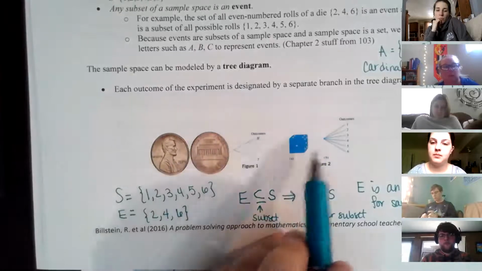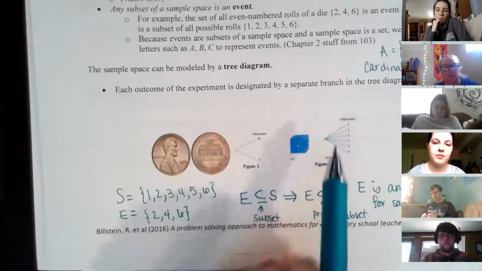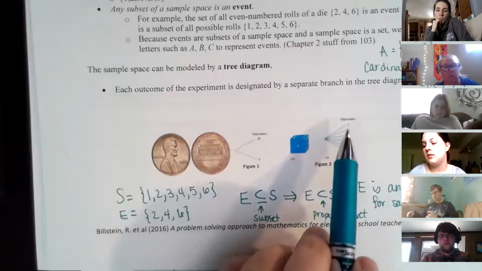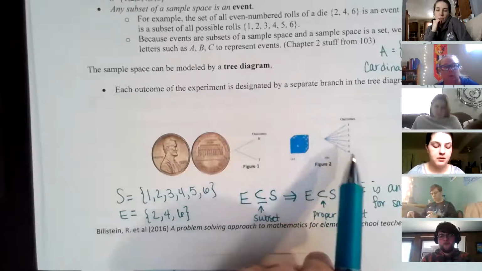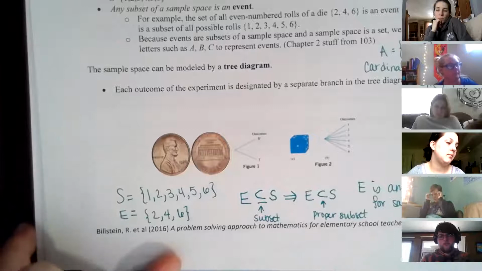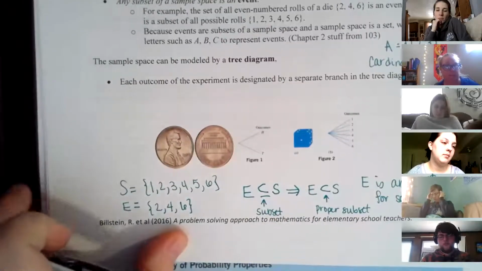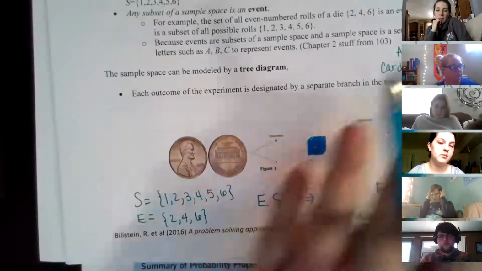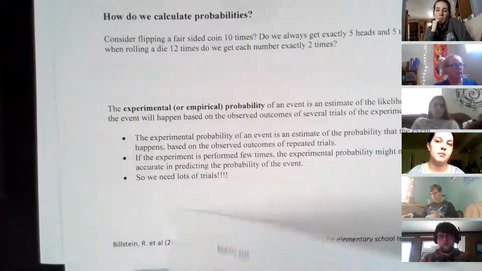If I look at rolling a die, my outcomes are 1, 2, 3, 4, 5, or 6. So it's a tree diagram. All right.